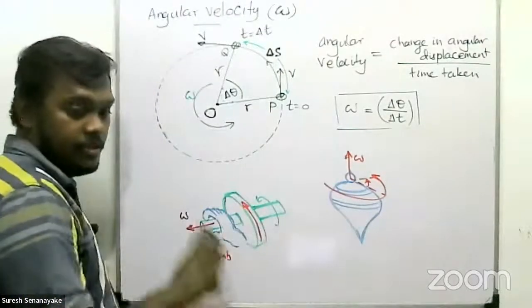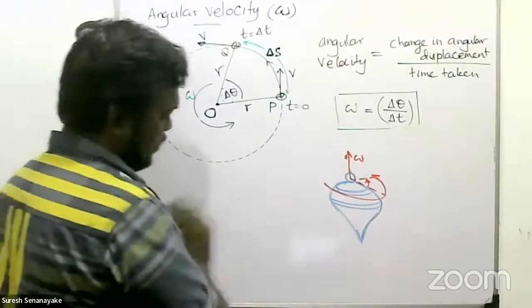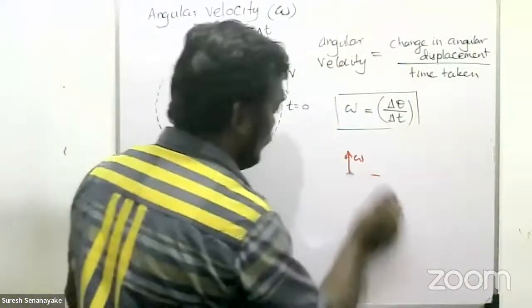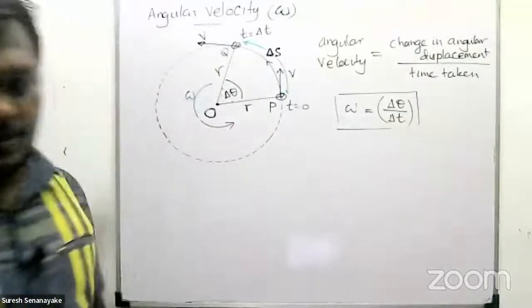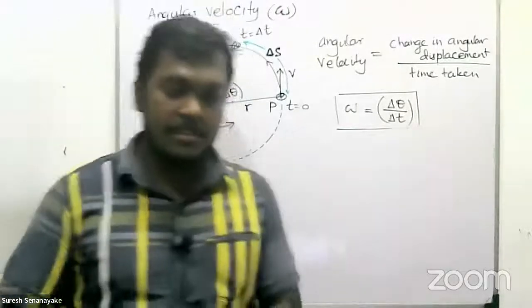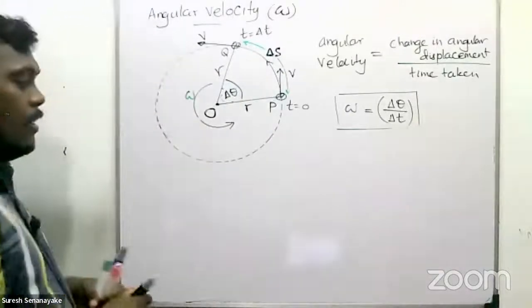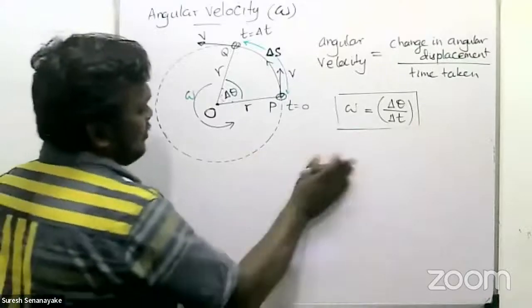We can keep this direction in mind. It's important for other quantities also, because some other quantities we define with this angular velocity have the same direction as the angular velocity. So you need to know about this. How do you get the relationship between these?